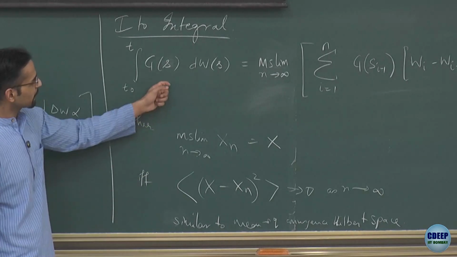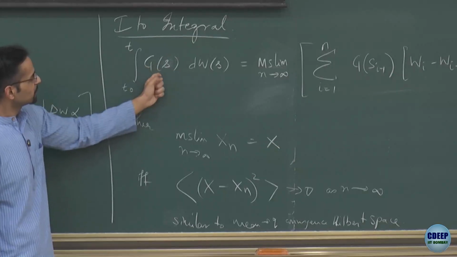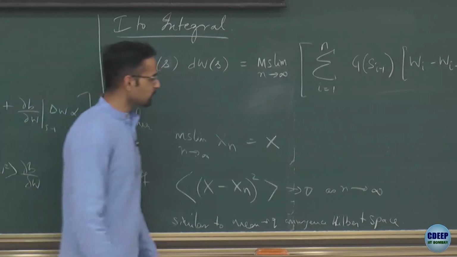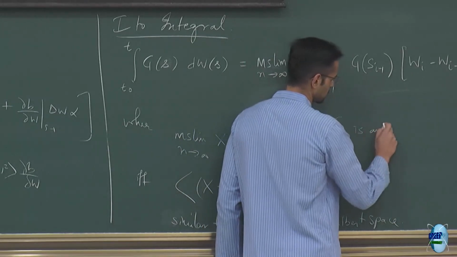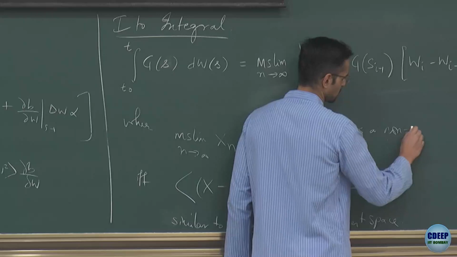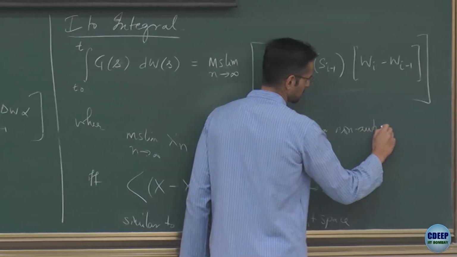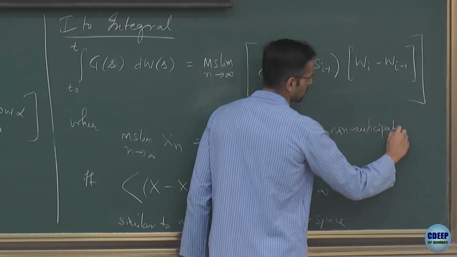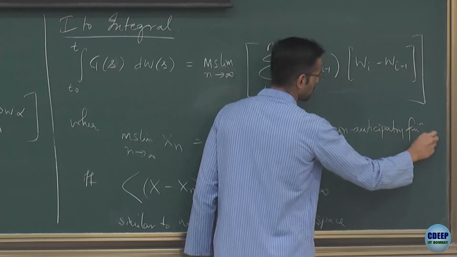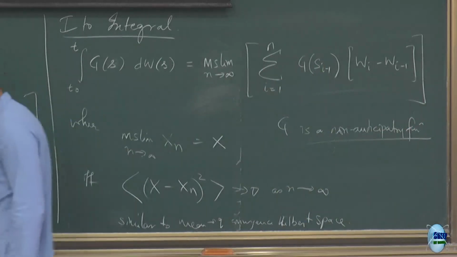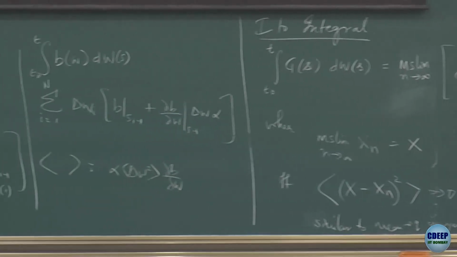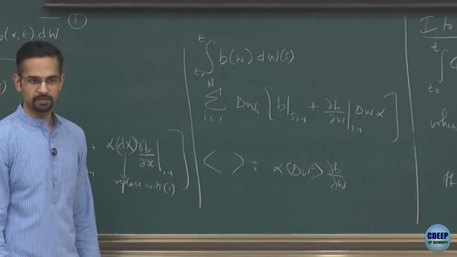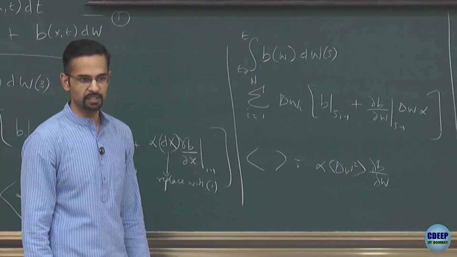Yes, the other caveat I need to make is about g. So g should be a non-anticipatory function. Without a formal definition, what it just means is that the value of g at some time t should not depend on the future, which is usually the case in any physical problem.